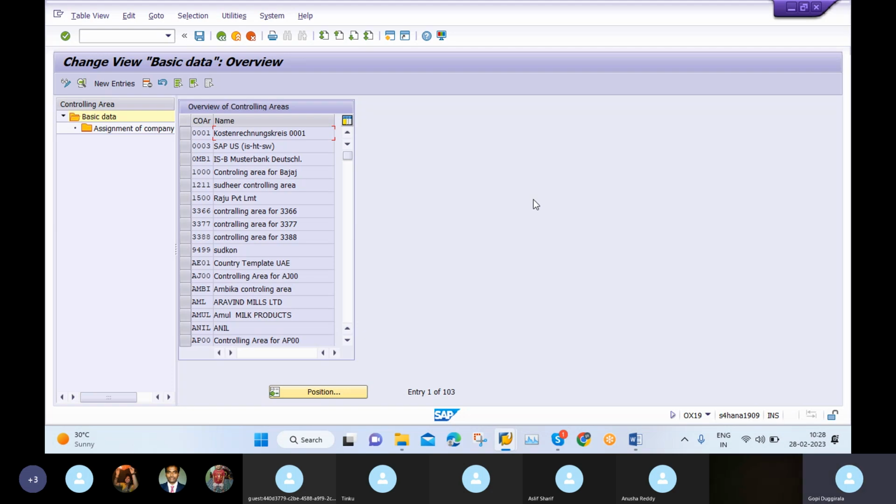The same concept applies in the business partner concept also. In earlier ECC, we maintained customers separately, and vendors separately.